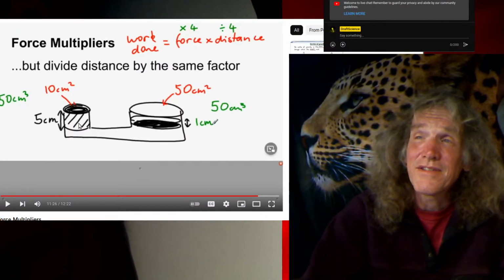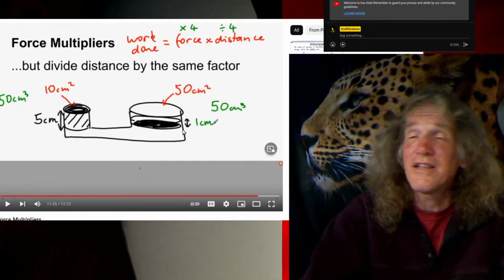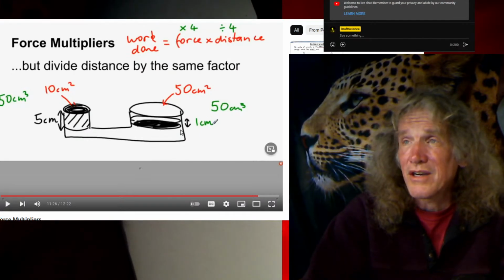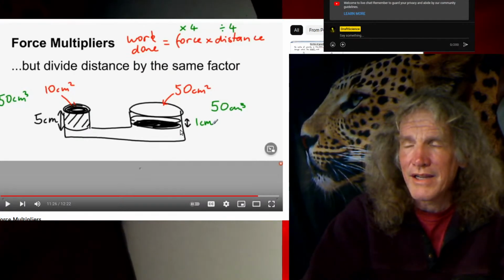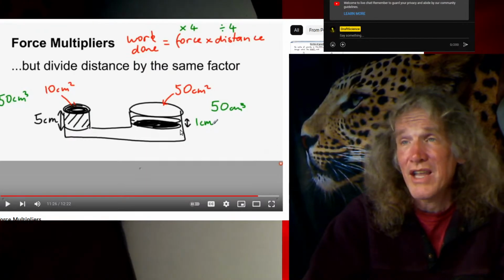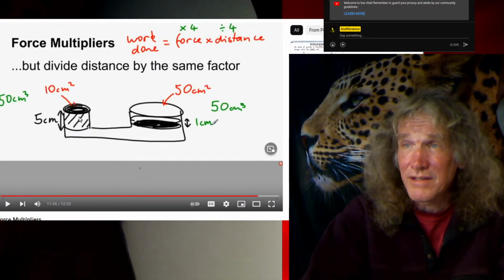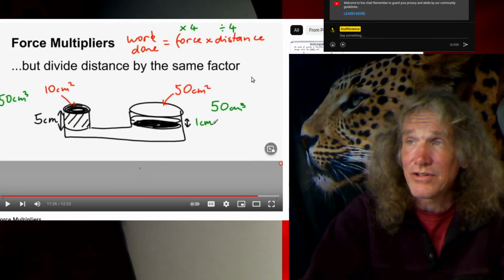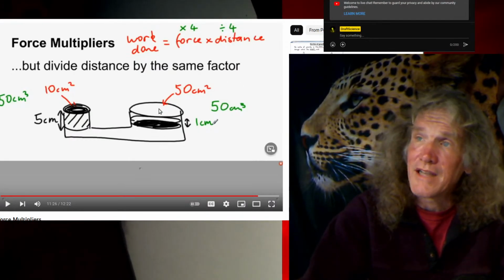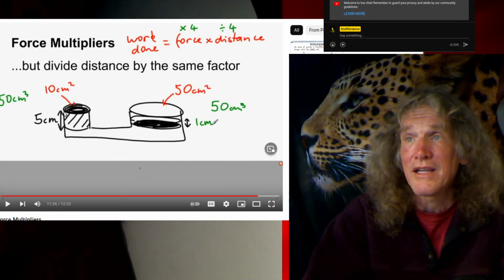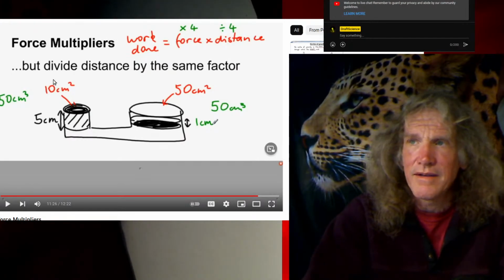So I'm just saying, if what he said is true, then you're stuck with the kinetic energy theory and trying to make any sense out of it, but you can't. Because you're basically saying every time I put a force in this side, I'm going to get less energy out the other side, and every time I put force in this side, I'm going to get more energy out of the other side.